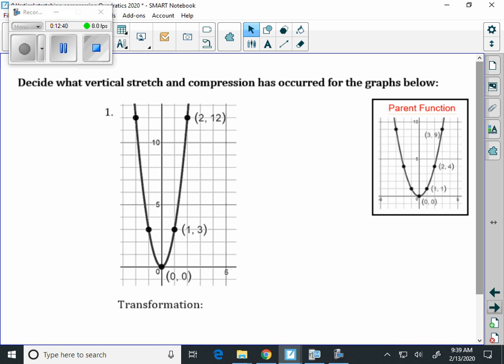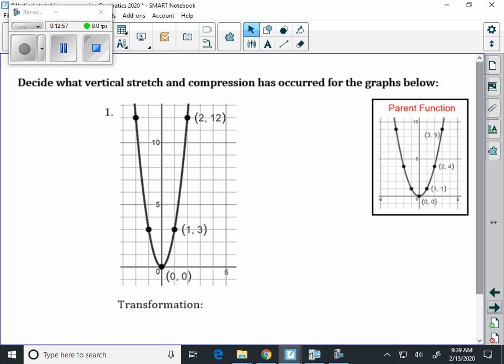And again, the process is to find the vertex, which is (0, 0), and then we look immediately to the right. Well, the point says (1, 3) on our graph.